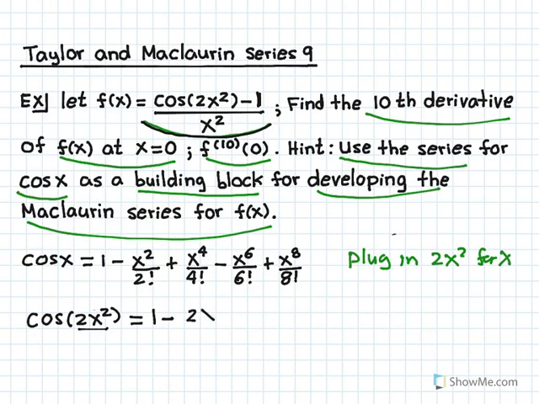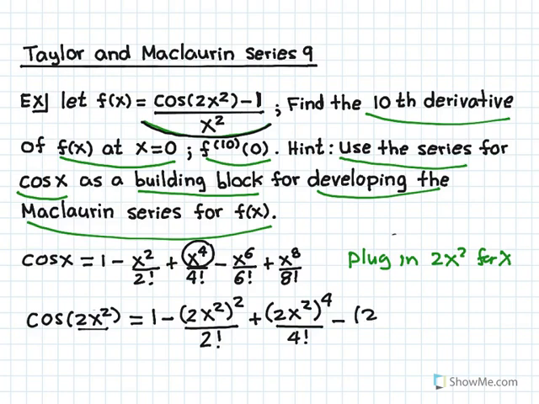So we get (2x squared) all squared divided by 2 factorial, plus, and here we have x to the 4th, so we plug in 2x squared for x to the power of 4 divided by 4 factorial, minus (2x squared) to the power of 6 divided by 6 factorial, plus (2x squared) to the power of 8 divided by 8 factorial, and so on.